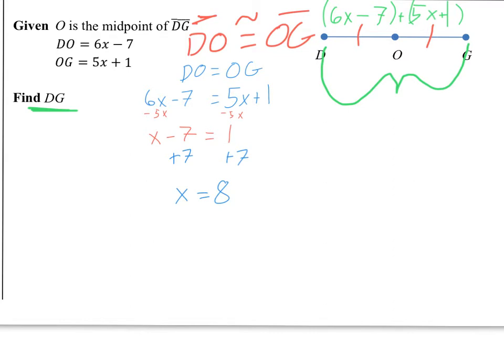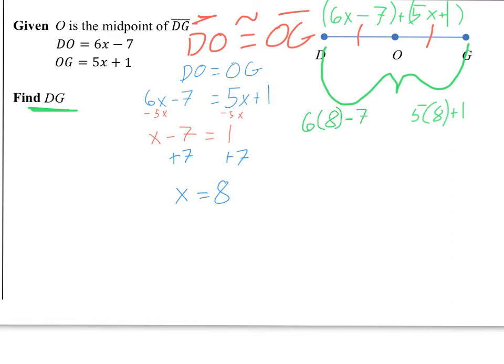So if x is 8, I can come in and plug that into my equation here. So we've got 6 times 8 minus 7. That's going to be DO, and OG is 5 times 8 plus 1.